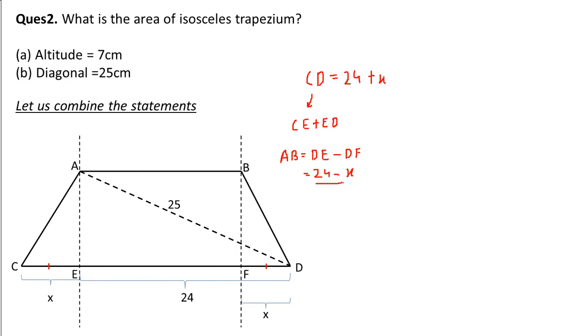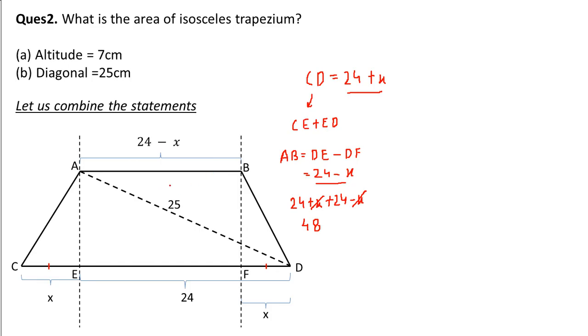One is 24 minus X and one is 24 plus X. So clearly the sum of parallel sides is 24 plus X plus 24 minus X. Now this X cancels out and I have the sum of parallel sides equal to 48.